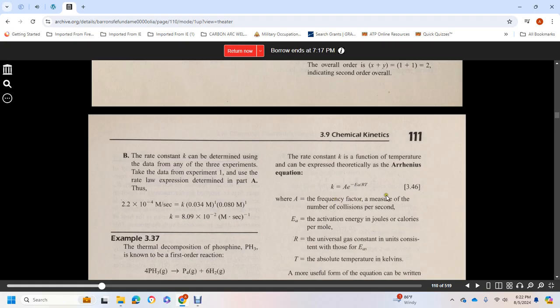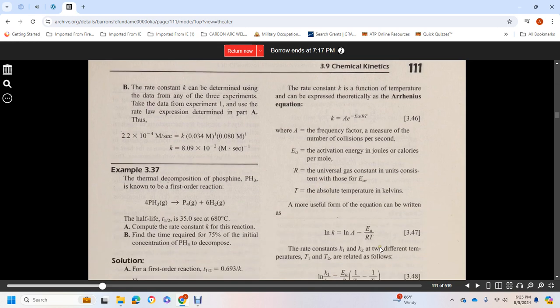k equals A times e to the negative E_a over RT, where A is the factor measuring the number of collisions per second, E_a is the activation energy in joules or calories per mole, R is the universal gas constant with units consistent with the activation energy, joules or calories per mole Kelvin, and T is the absolute temperature in Kelvin.